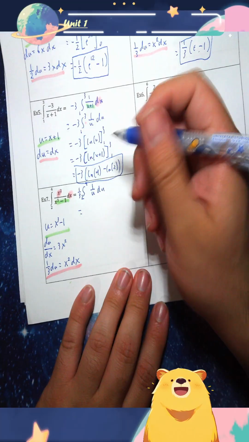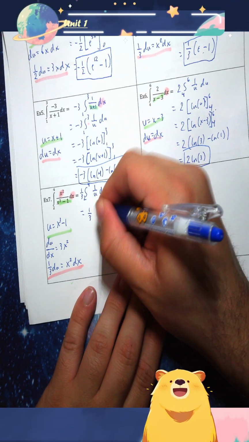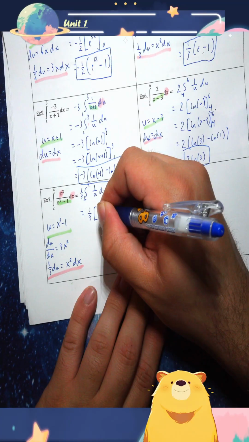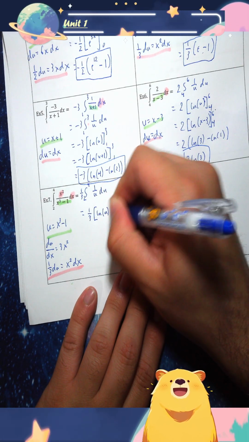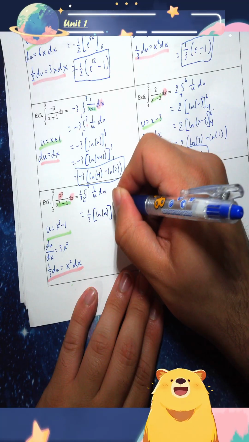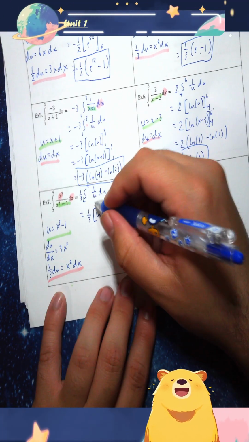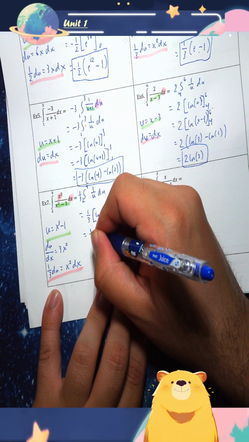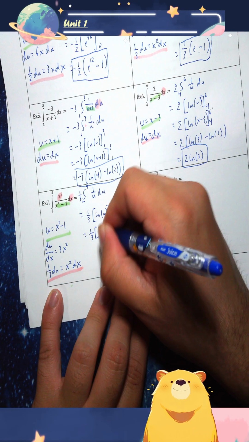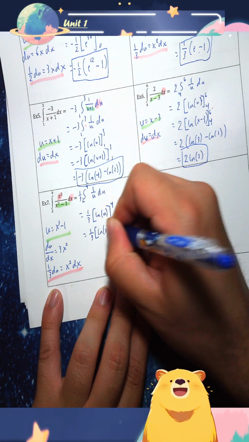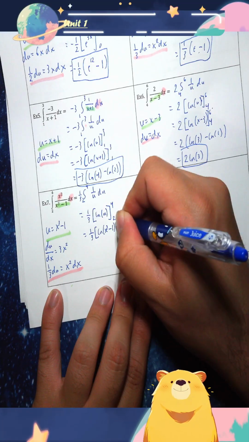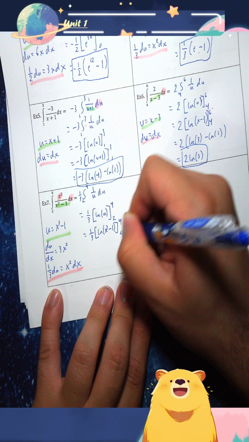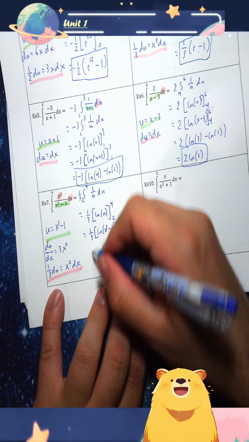Excuse me, I was going a little too fast. So 1 over 3 ln of u, and then I have 4 to 2, and then I plug that u expression back in, x to the power of 3 minus 1, and I'll put in 4 and 2 respectively.